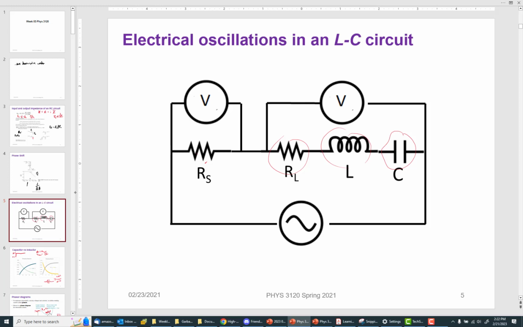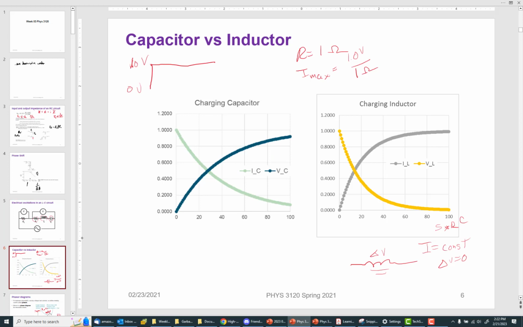So in the oscilloscope lab at the end, we did something like this. There's an RL involved. We didn't get into that, but I guess I should at some point talk about the effect of that. But the first thing we want to notice, and we haven't looked at inductors just yet, is that the legend, this is I, this is V, and this one is I, and this one is V. So notice that they do opposite things.